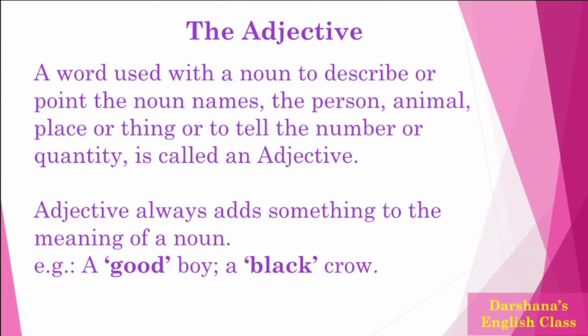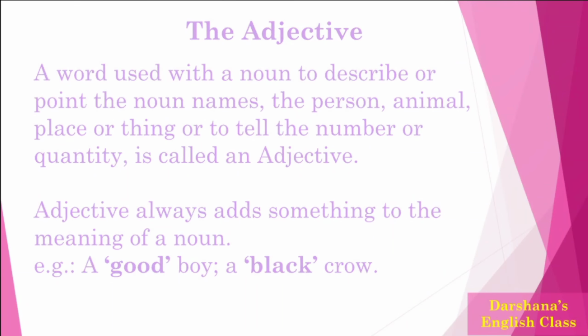An adjective always adds something to the meaning of a noun, and that is very much important, isn't it? For example, a good boy, a black crow. Yes, these are describing the qualities of the boy and the crow, isn't it?